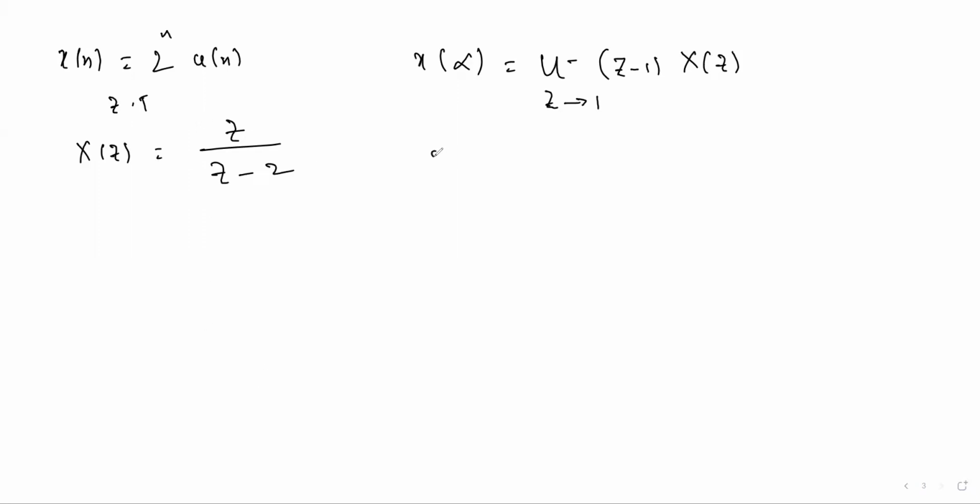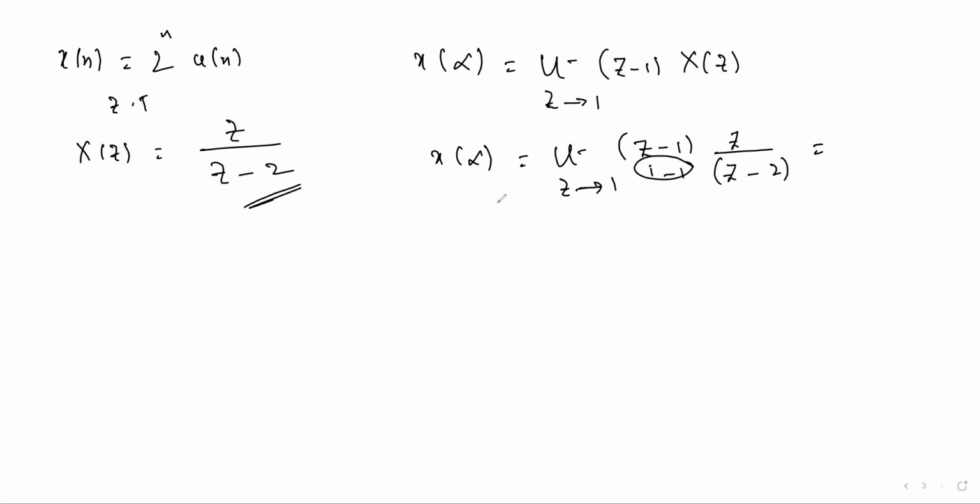Then the final value of this function, if you take z tending to 1, z minus 1 times z upon z minus 2. If you substitute z tending to 1 here, 1 minus 1 is 0. 0 into anything, 0. You will get 0. What is the final value?